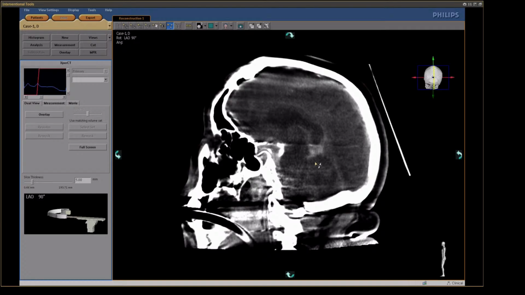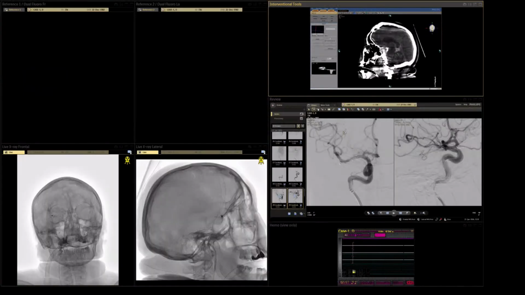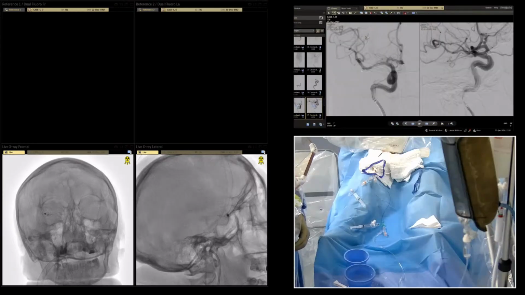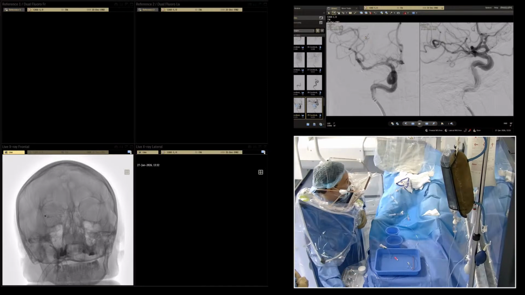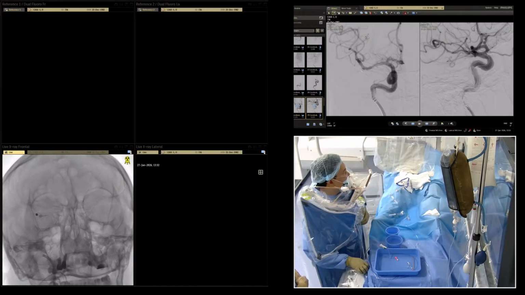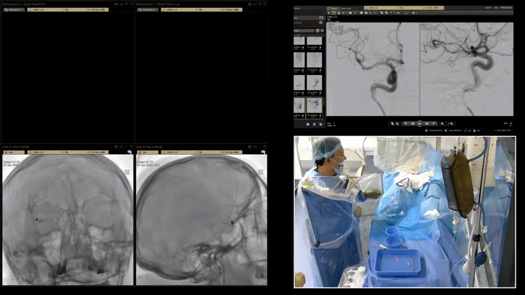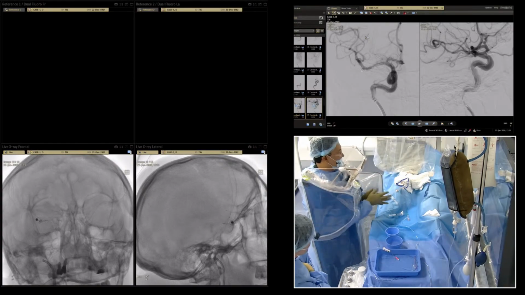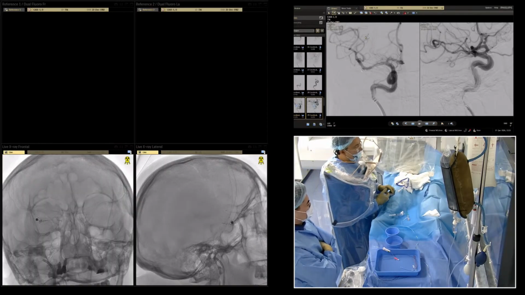Okay. Yes, the problem was with the Eclipse double lumen and the 25 length Leo Baby.